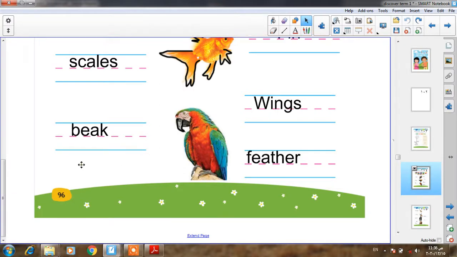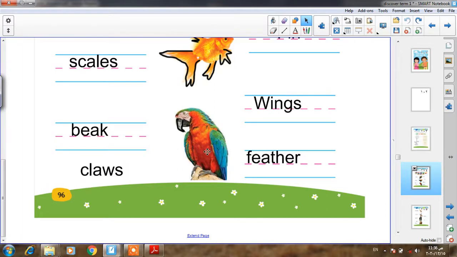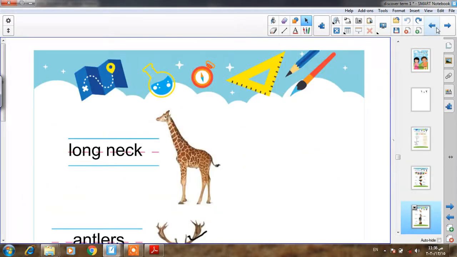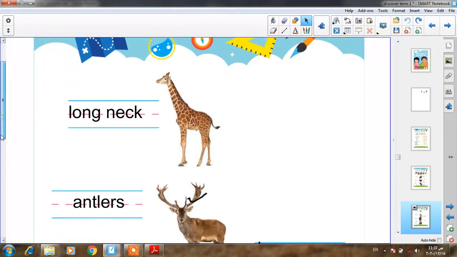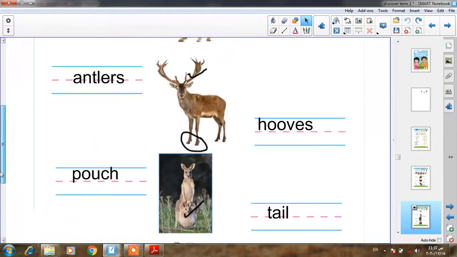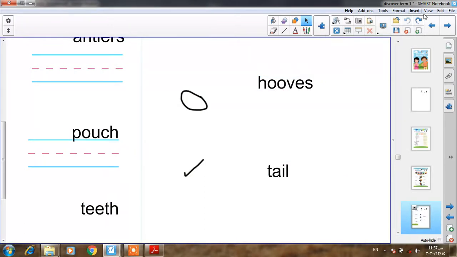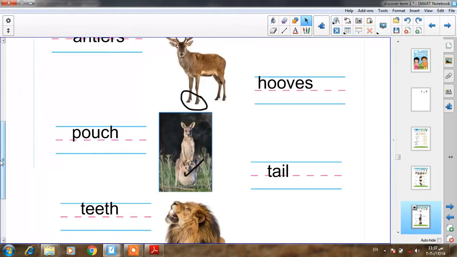Also has claws. And the giraffe has a long neck, and this has antlers and hooves, and this has pouch and tail, and this lion has teeth and claws.